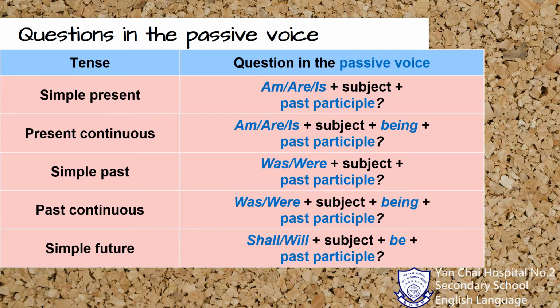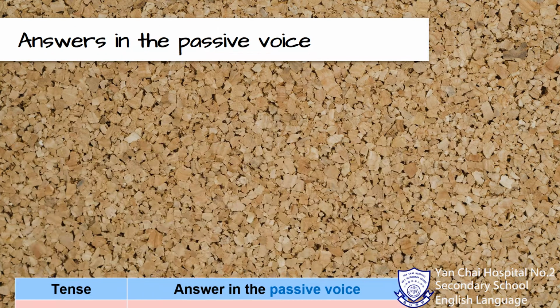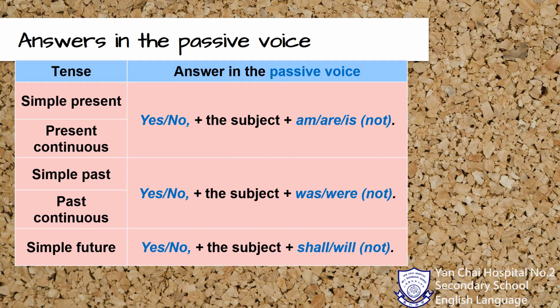And now, answers in the passive voice. For simple present tense and present continuous tense, the answer in the passive voice will be yes or no, plus the subject, plus am or are or is. Or you can say am or are or is not.